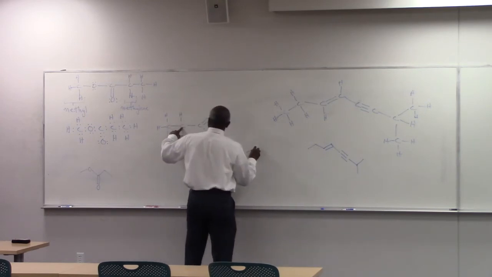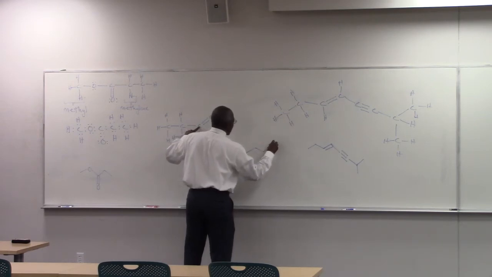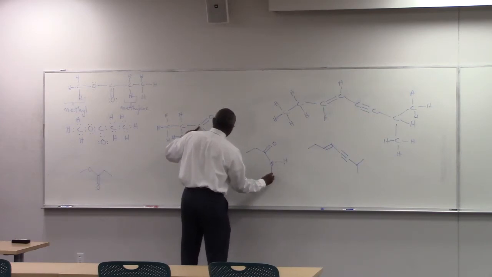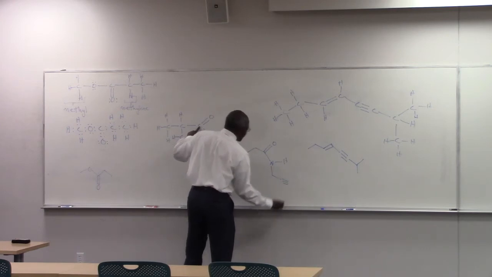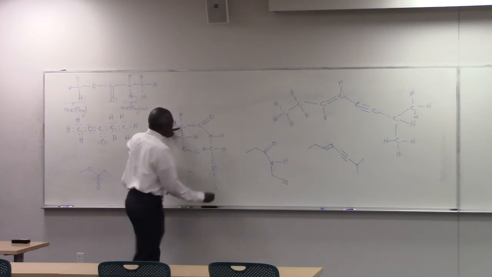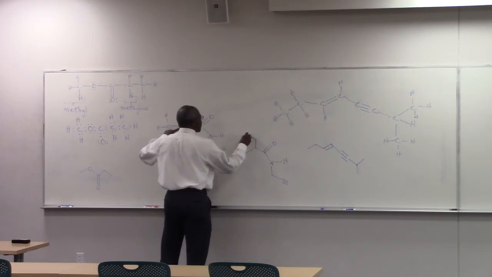It is attached to a carbonyl group, which is attached to a nitrogen having an H, a methylene, and a C triple bond C. And then this methine is attached to a carbon attached to an OH.